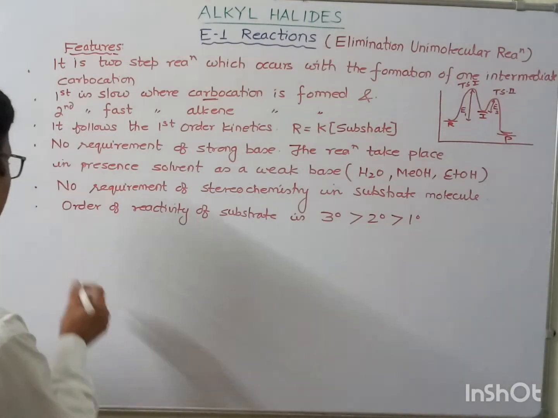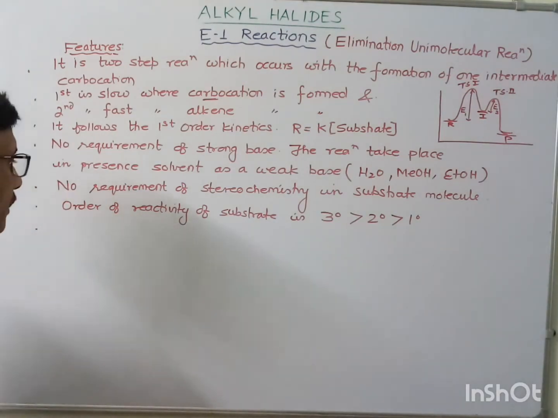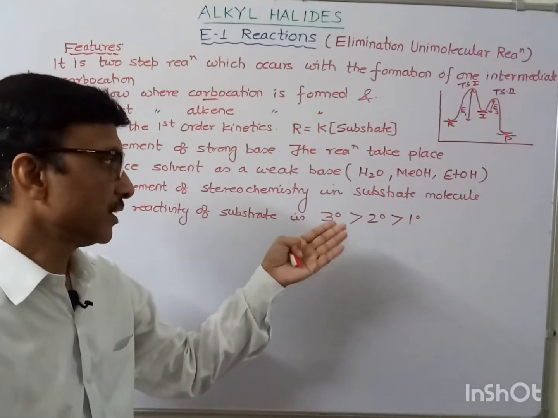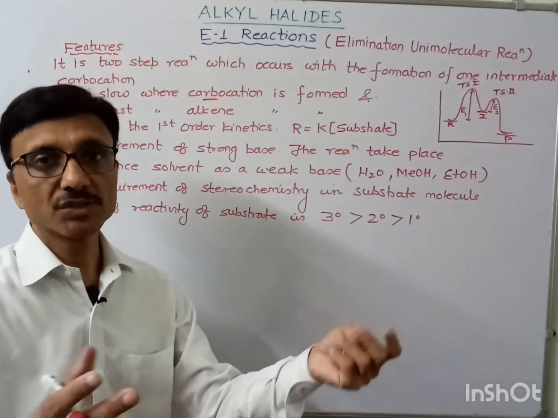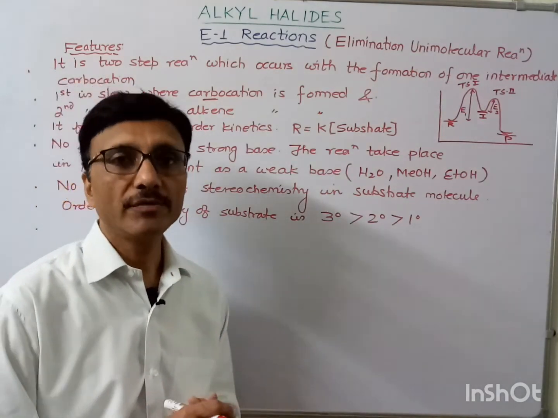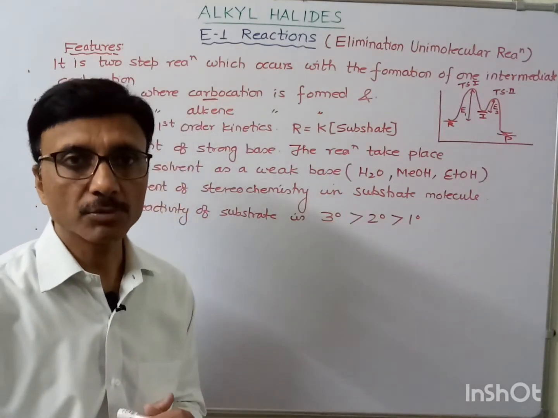Okay, now next thing, suppose this is carbocation, suppose in carbocation if there is a chance of rearrangement, then the carbocation may undergo rearrangement to give the more stable carbocation.